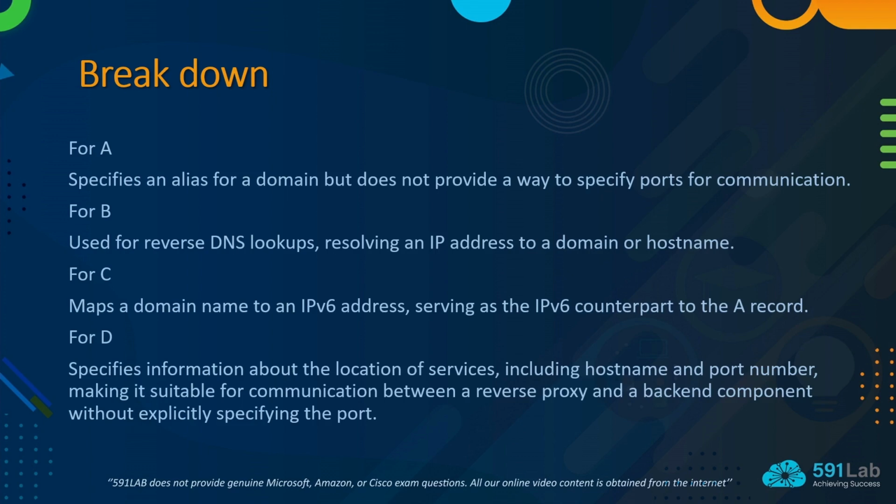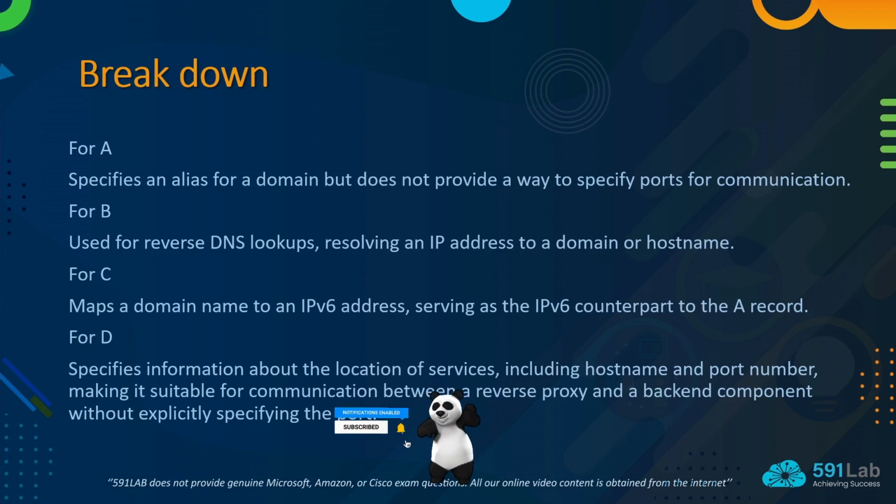For option B, PTR, the PTR record is primarily used for reverse DNS lookups. It reverses an IP address to a domain or host name. For option C, the AAAA record is used to map a domain name to an IP version 6 address. It's the IP version 6 counterpart to the A record.